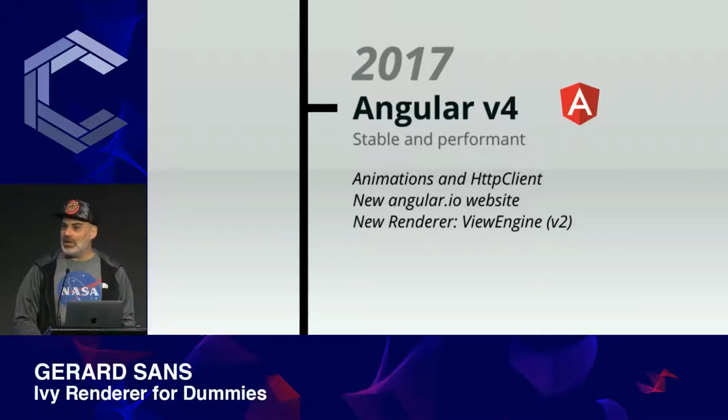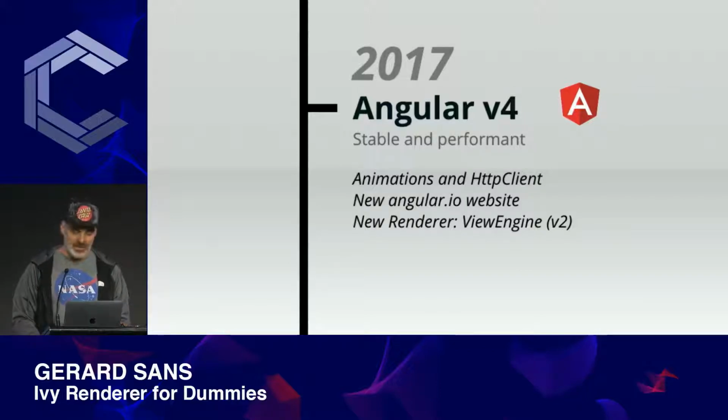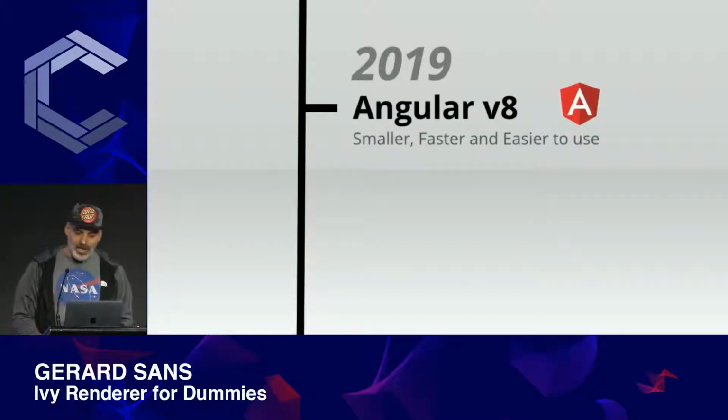And we get as well the new renderer, which is the ViewEngine version 2. So nobody, I think, announced it in any way. It was just done under the covers. But when we got Angular version 4, we get that new renderer as well, which is the one that we are using today. Well, we are in 2019, and we got Angular version 8.